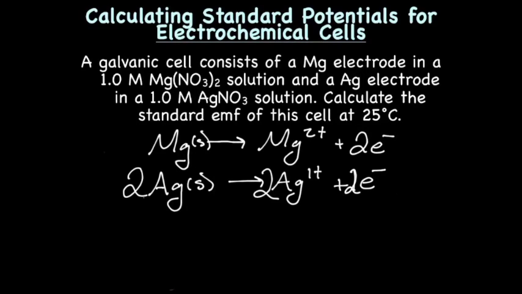All right, now we need to figure out which one of these is the oxidation portion, or the anode, and which one is the reduction portion, or the cathode. So what we're going to look up is a data table that contains standard reduction potentials. Each half reaction has been measured against the standard hydrogen electrode. You do have one of these in your book, and we also have it on our PowerPoint here.